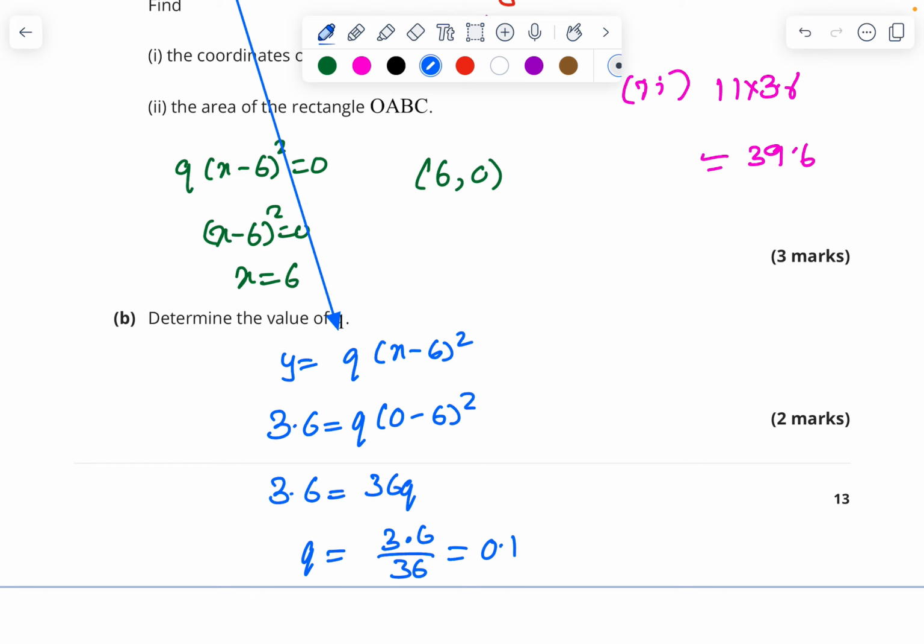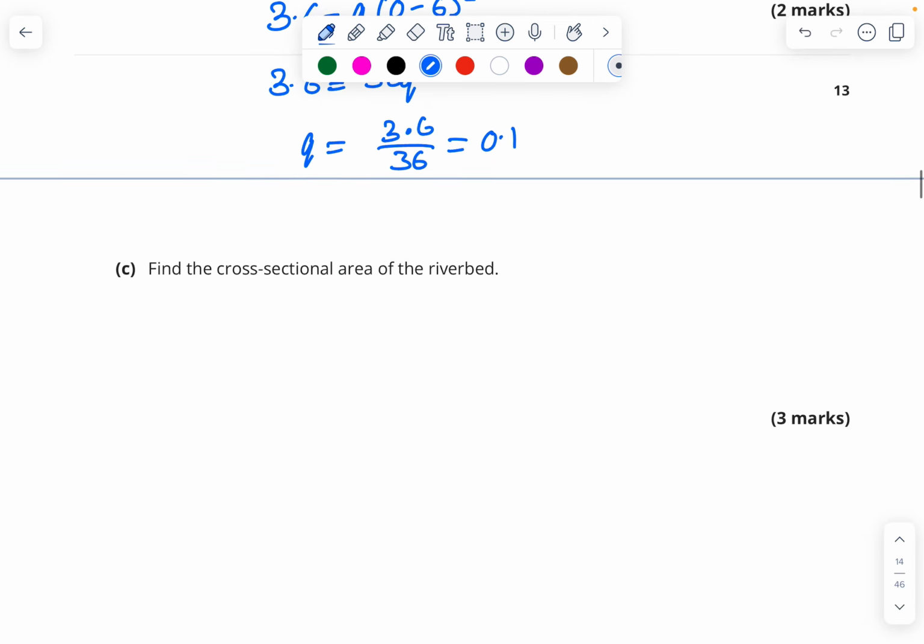Then find the area of the cross section of the river bed. So it is starting from 0 and ending at 11. So integral of 0.1 times x minus 6 whole square dx. Use the GDC, you should be getting 341 by 30.